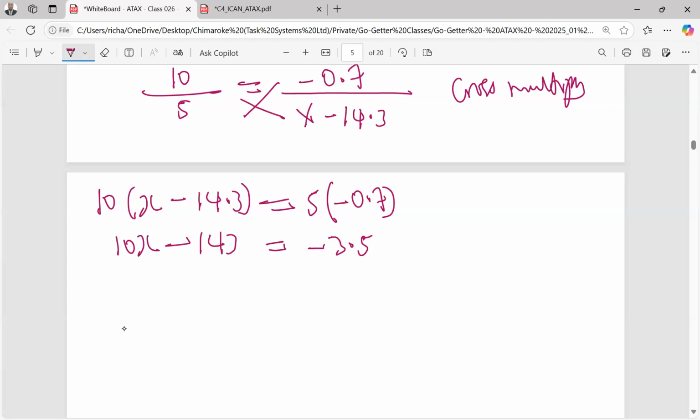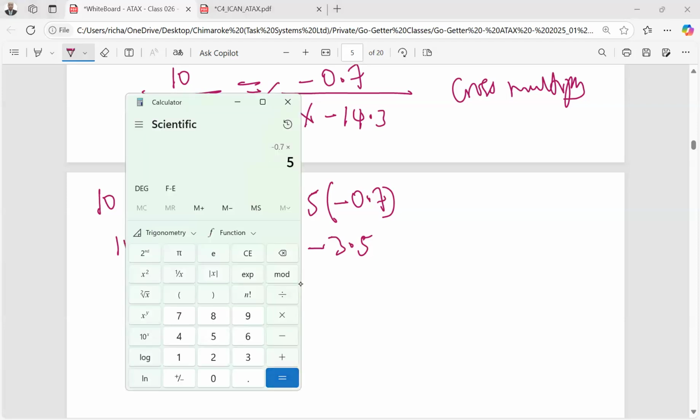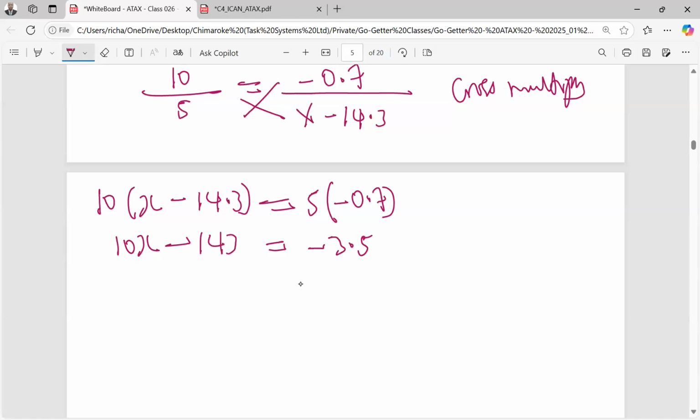Let's see. It's minus 3.5. Right? So what will happen? Let's collect like terms. So anyone that is unknown will be here. So this is 10x equals to minus 3.5 plus 143.